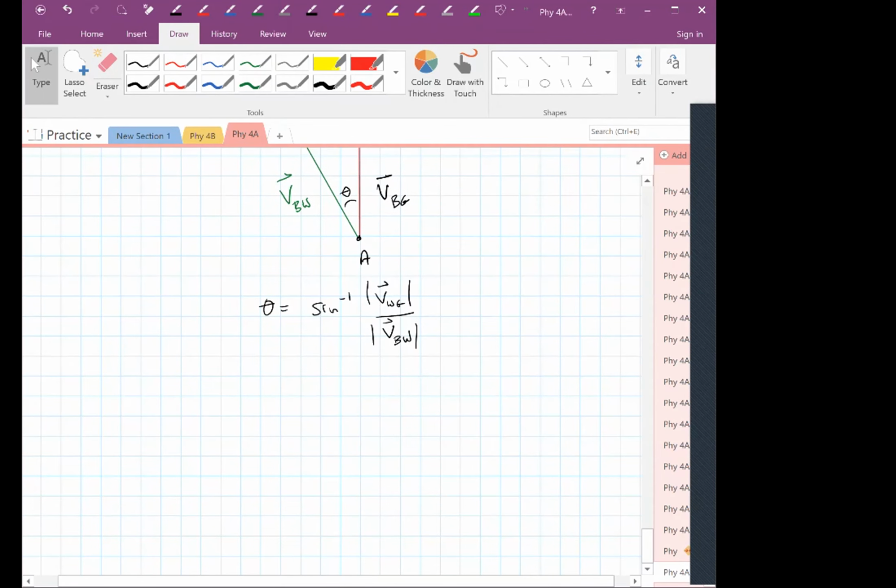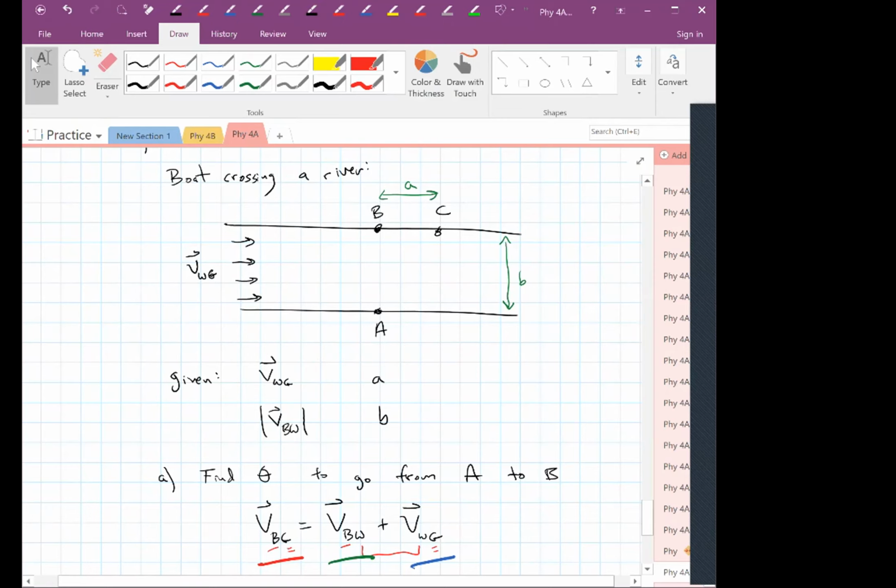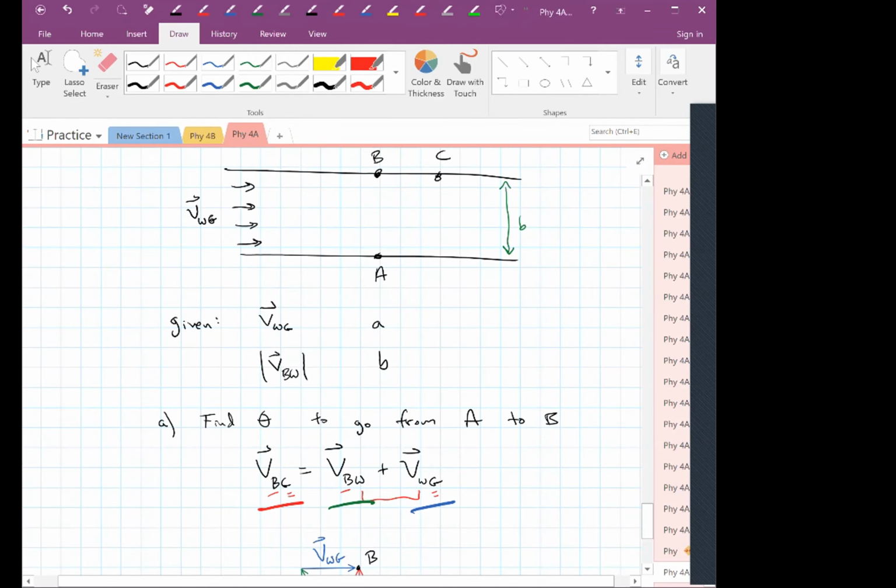So find the angle that the boat has to leave. Did I get my sign wrong? Let's see.